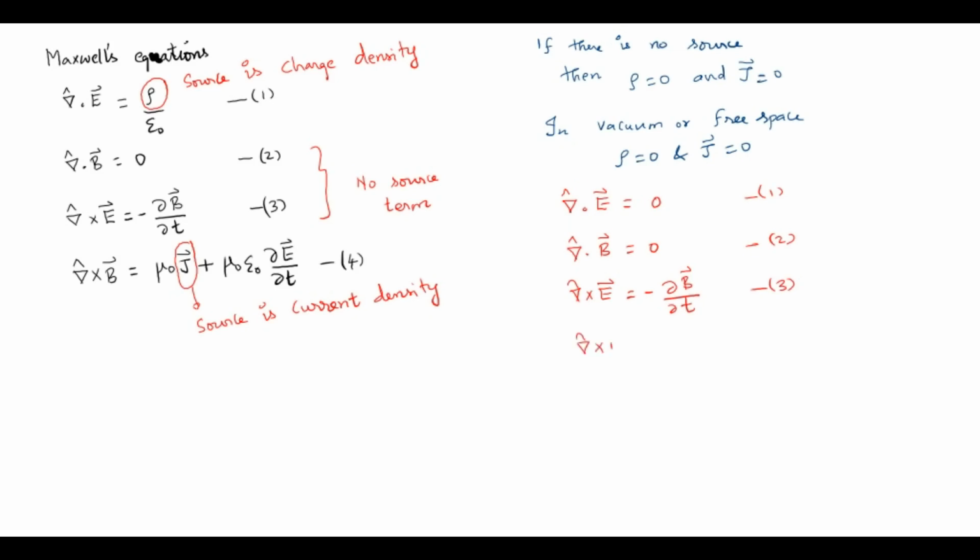Curl of B vector is equal to mu naught epsilon 0 partial derivative of E with respect to T, you call it as equation number 4. Okay. So null equation எழுதியாச்சு.